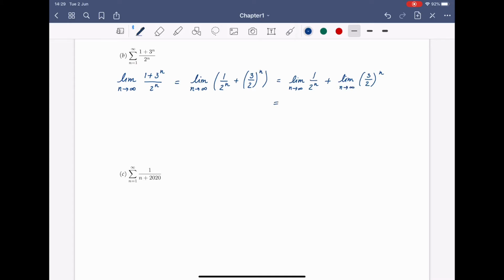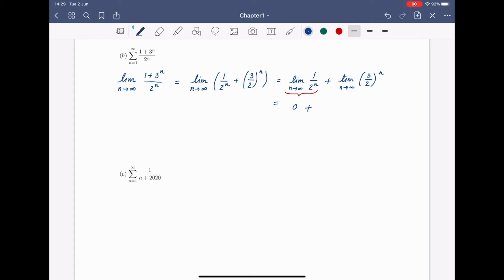The first term goes to 0 because this is a geometric sequence, and the bottom is huge, so 1 over huge, the limit is 0. Then plus 3 over 2 to the n. This is a geometric sequence again, but your r is bigger than 1, because r is 1.5. So the limit of this is infinity.